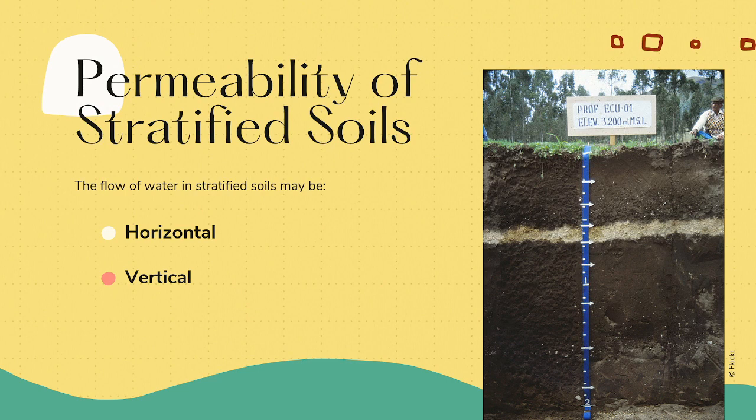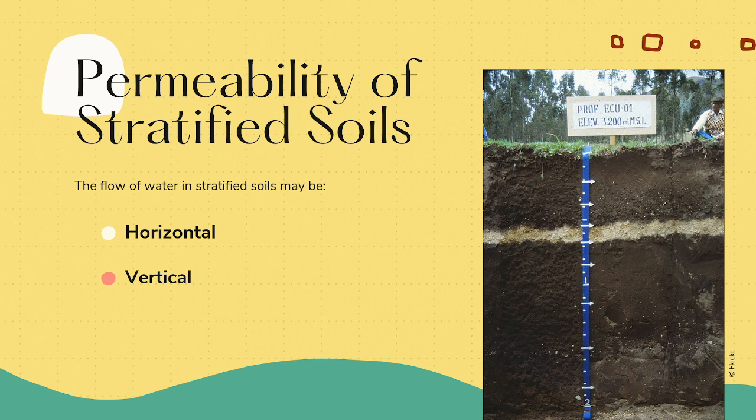So now let's proceed to the final topic of permeability. So this is the permeability of stratified soils. When we say stratified, the soil is made up of different layers. In each layer, there is a different type of soil.